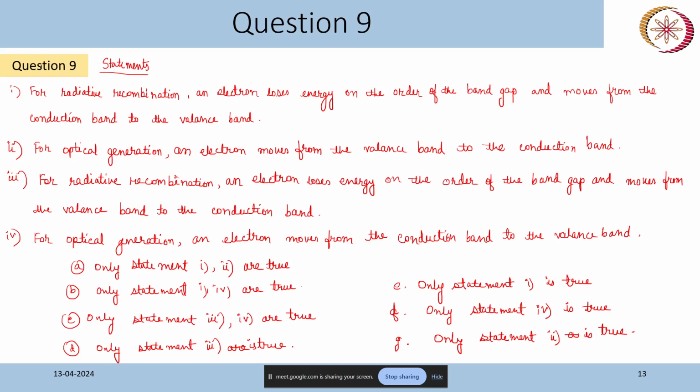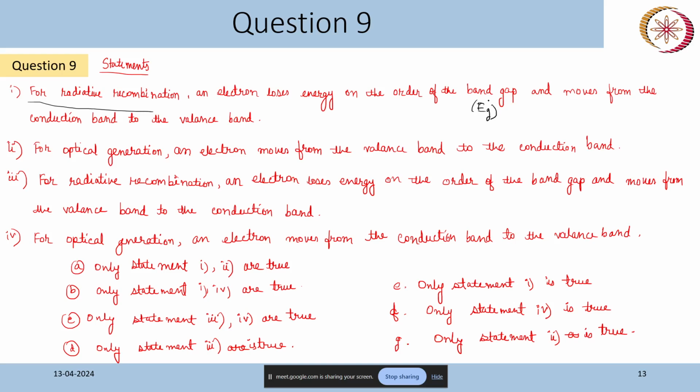So for the first statement, for radiative recombination: there are two types of recombination, radiative and non-radiative, depending on whether it emits a photon or a phonon. For radiative recombination, the electron loses energy on the order of the band gap Eg.